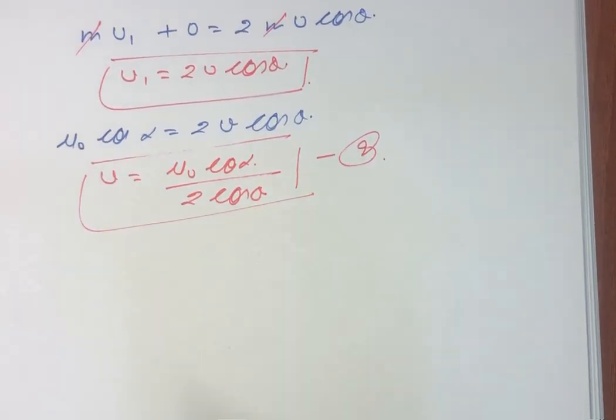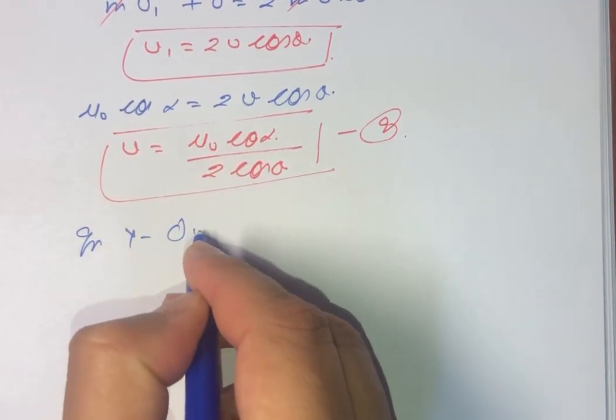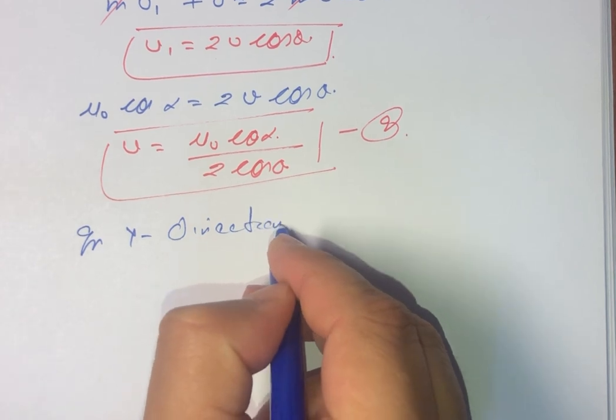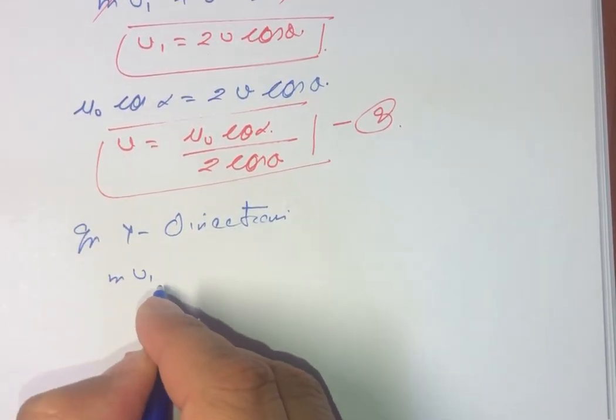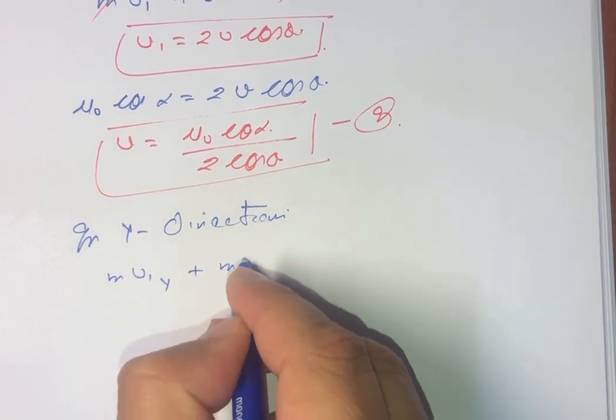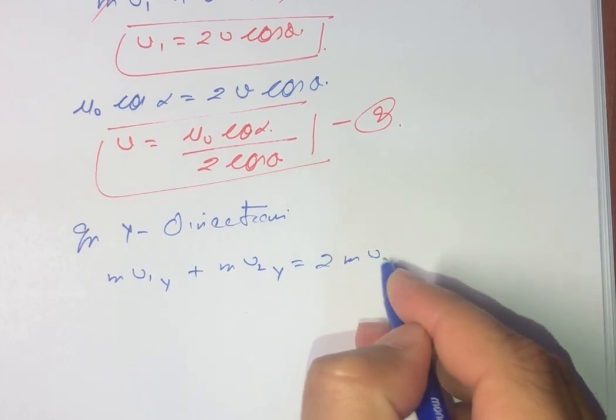Similarly, in y direction, we can say m v1y plus m v2y is equal to 2m vy.